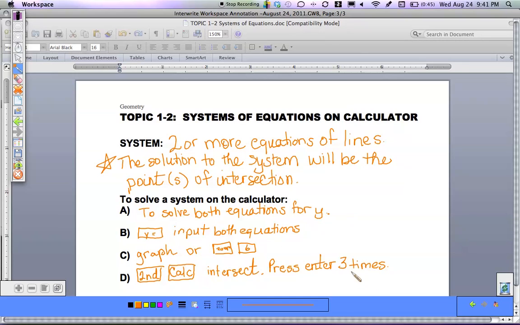Once it tells you that, it will give you the coordinate of that solution. Now, what is that? That's the point that is on both equations, or even more than both. It could be more than 2. It's the point that's on all of those equations. That's what's called solving a system.